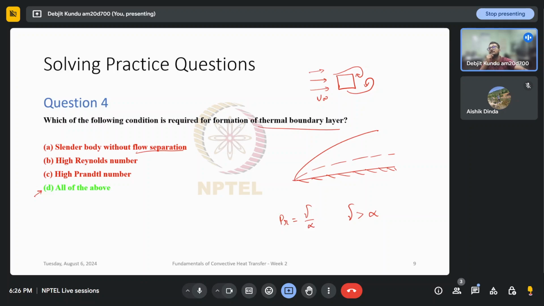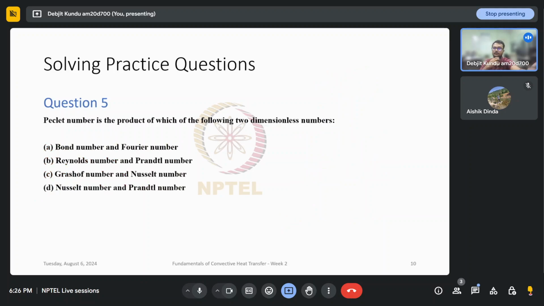So that's why all these three conditions are required for the formation of a thermal boundary layer. Any questions on this? All right, simple enough. We will keep moving along.